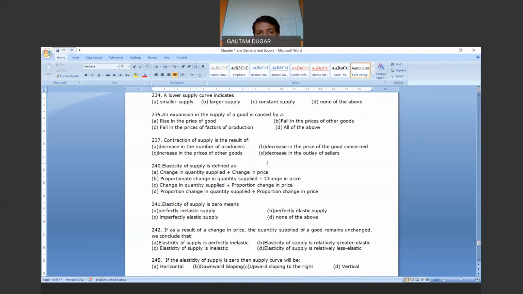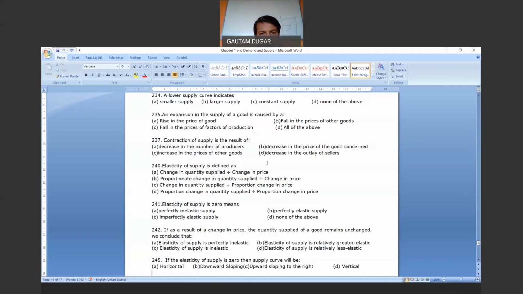Contraction is the result of decrease in the price of the goods concerned. 235 has to be A because expansion is only because of a change in price. Expansion and contraction are only because of change in price.